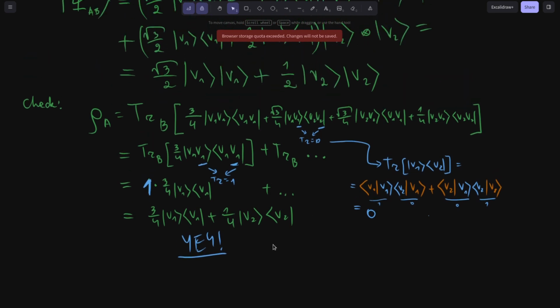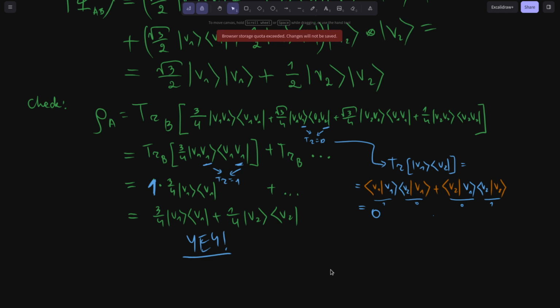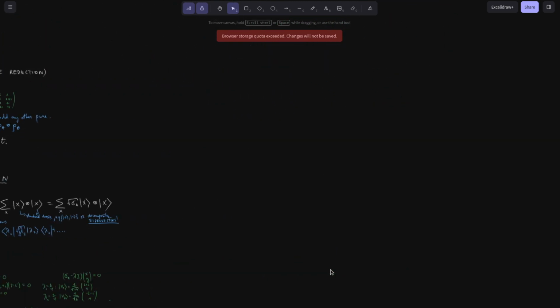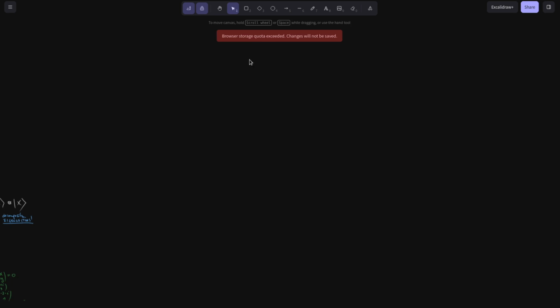We can have a single system, and then we can purify it, so we can find a bigger composite system state on two systems that could reduce back to our state. So you can do both directions. So this is the purification. We can move around our composite system, but again we're losing information, right?